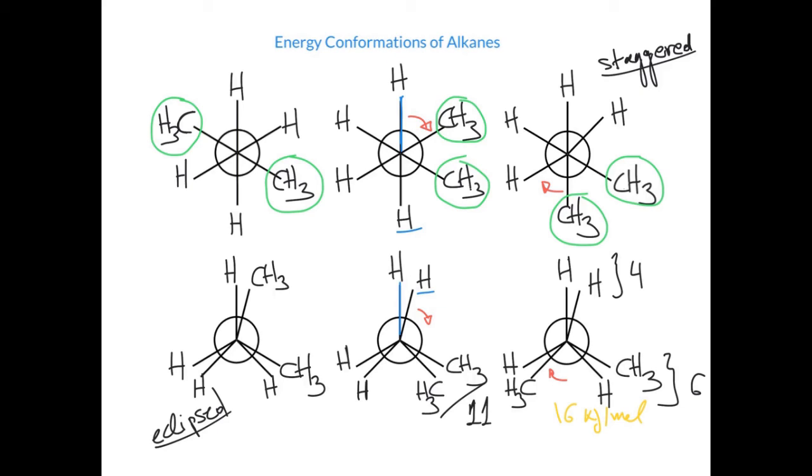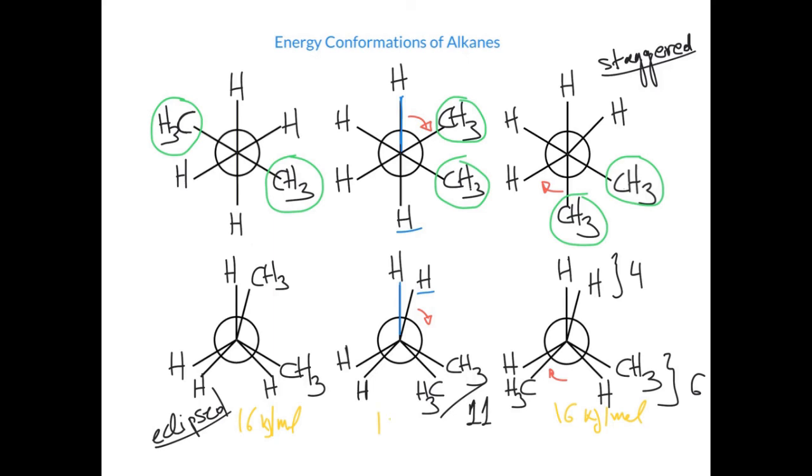If we go to the structure we have on the left, we're going again to calculate 4 for the eclipsing hydrogen plus 6 plus 6, then we go again to 16 kilojoule per mole, while for the one where the methyl groups are very close together in an eclipsed conformation, we're going to have 4 kilojoule per mole for each hydrogen, which means 8 in total, plus 11 for the methyl-methyl interaction.